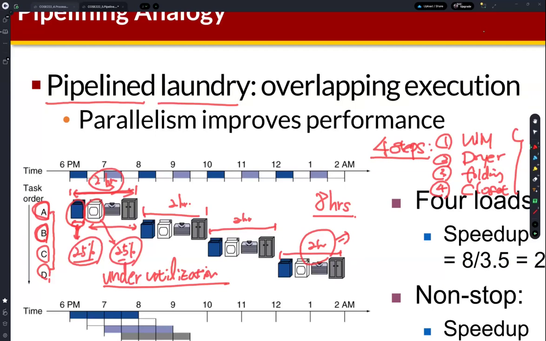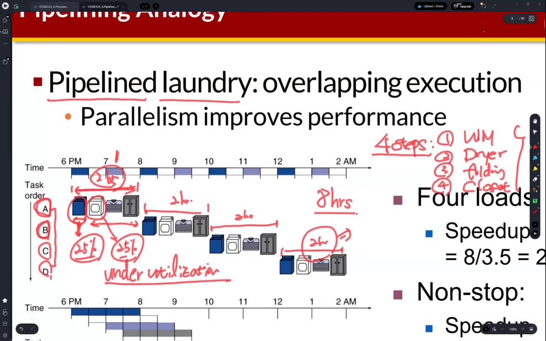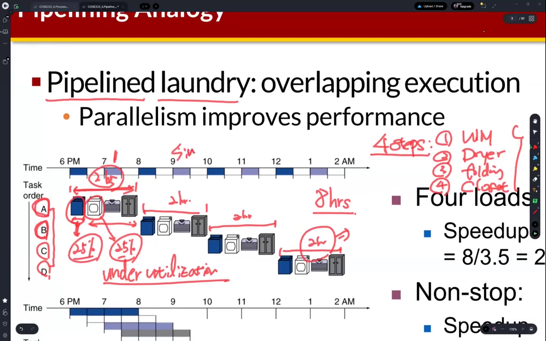We have resources, but with this simple processing manner, you can understand that this is similar to the single cycle processor design. So this analogy is for the single cycle processor, right?